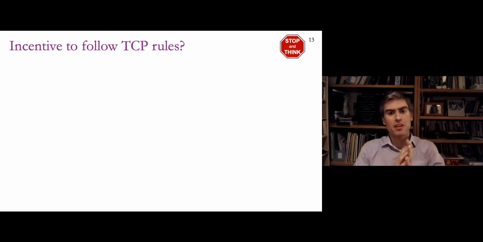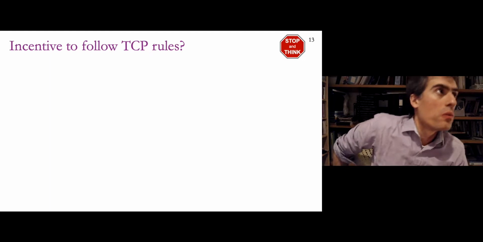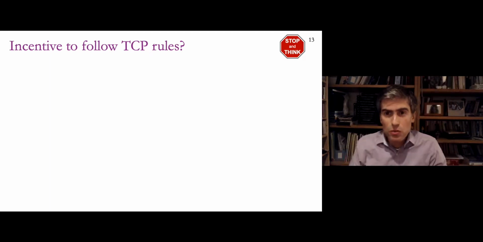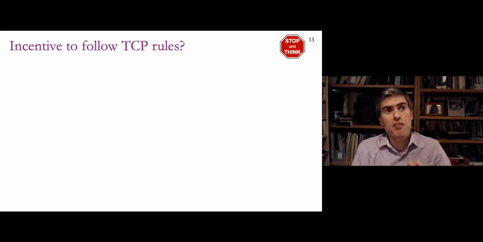If you stop and think about this, we've defined rules for TCP where we want the senders to not send too much data, too much traffic, because it might overwhelm the network. We don't want to do that because it would be inefficient.